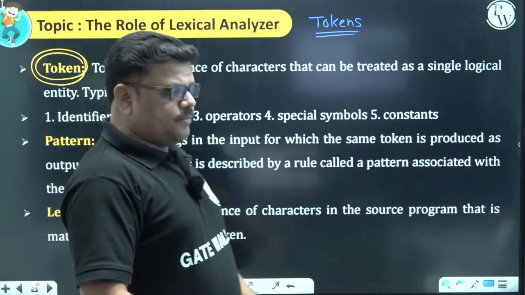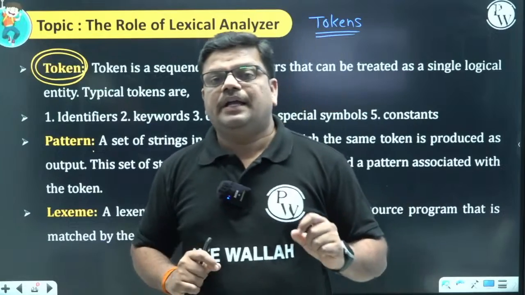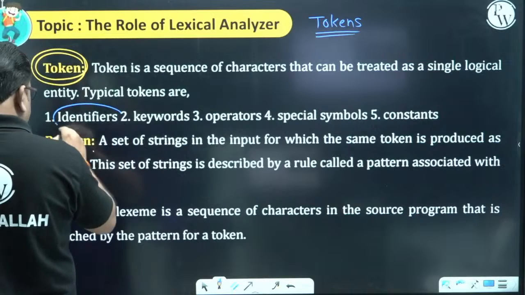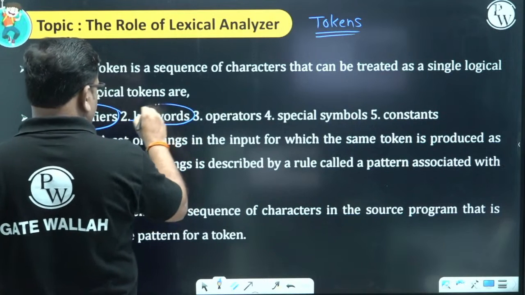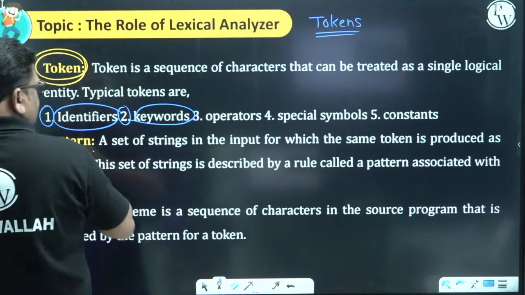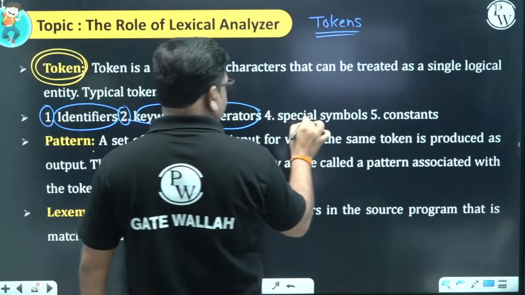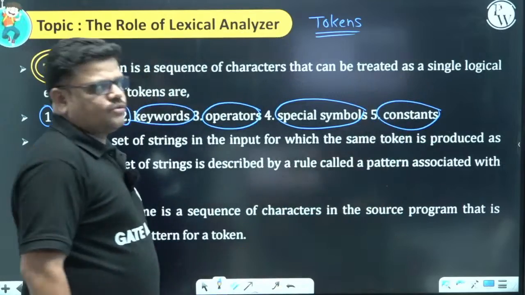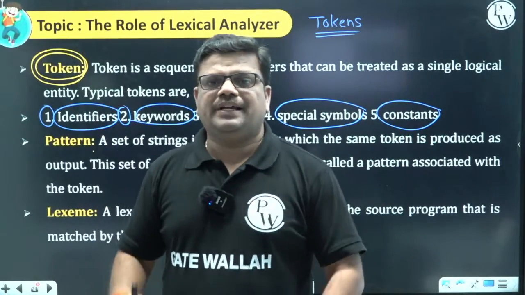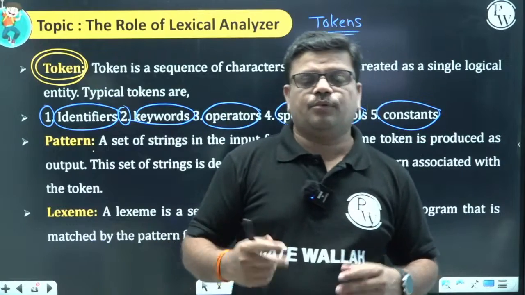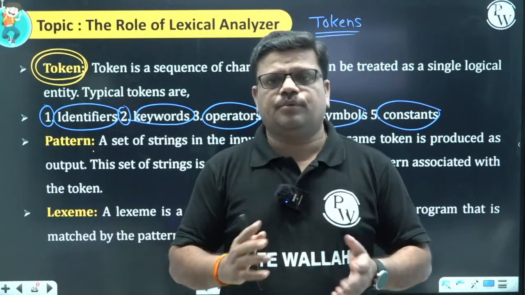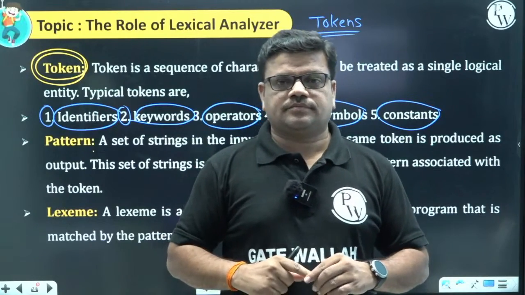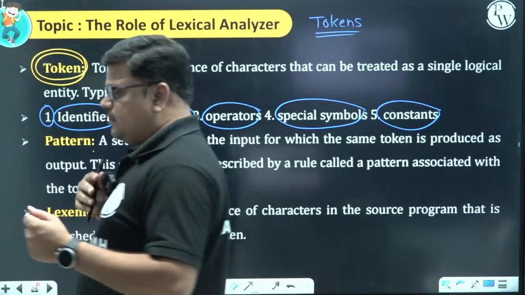In any program, tokens are typically identifiers, keywords, operators, special symbols, and constants. These are called tokens. Whenever we learn about any language, C or Java, first we learn the tokens of that language. What are the tokens of the C language?